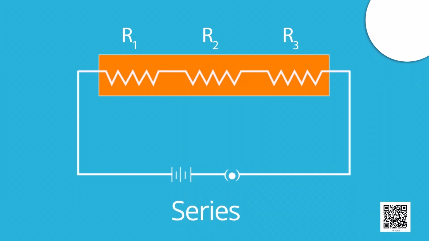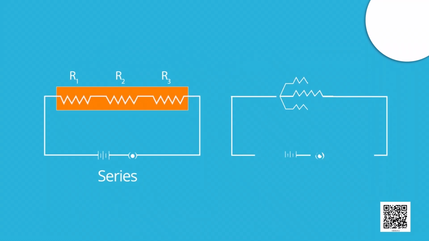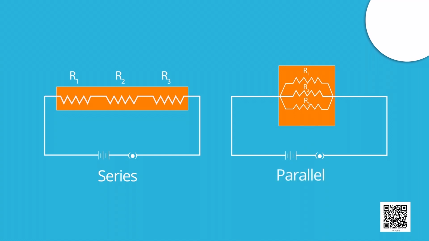The second figure shows a combination of resistors in which 3 resistors R1, R2 and R3 are connected together between points X and Y. Here the resistors are said to be connected in parallel arrangement.